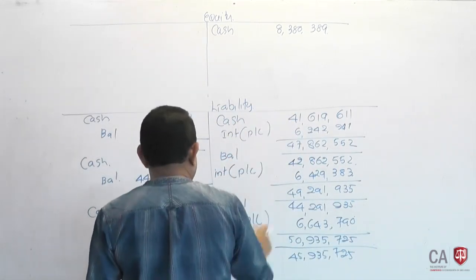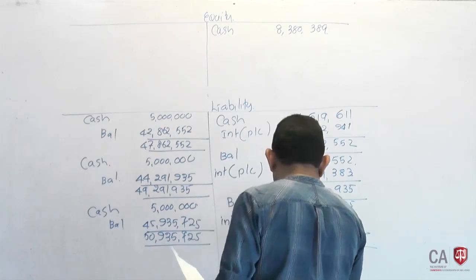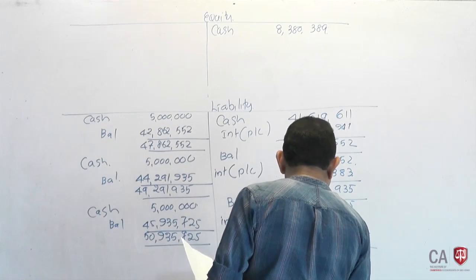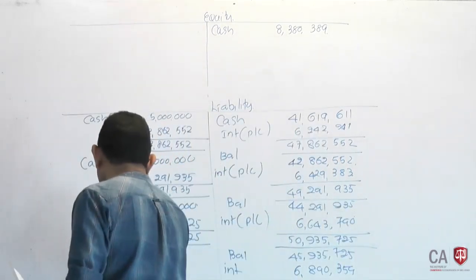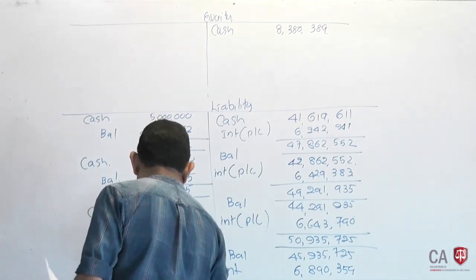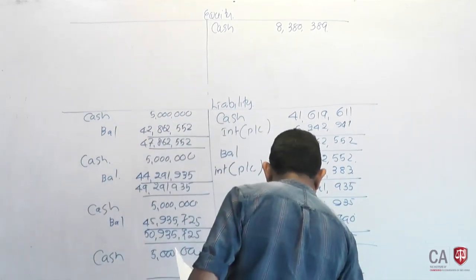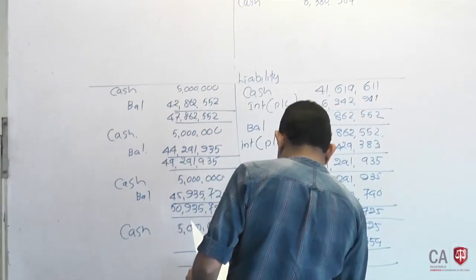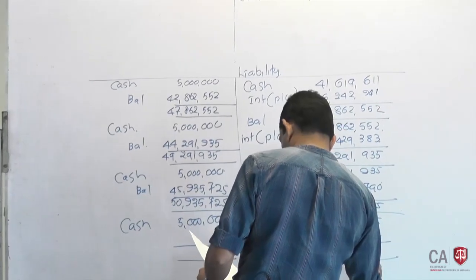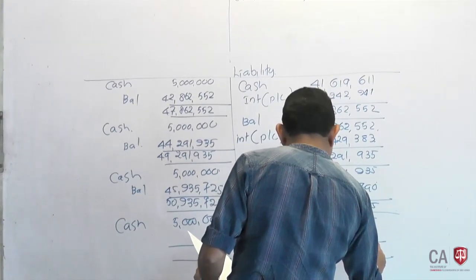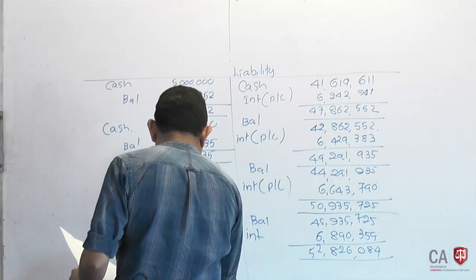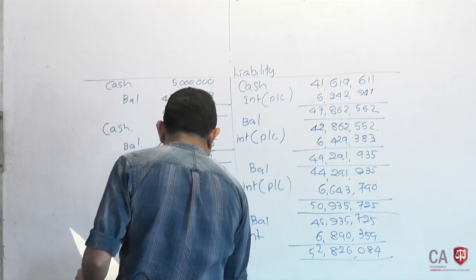Interest for the fourth year now, 6,890,359. Pay interest 5 million. This is 52,826,084.